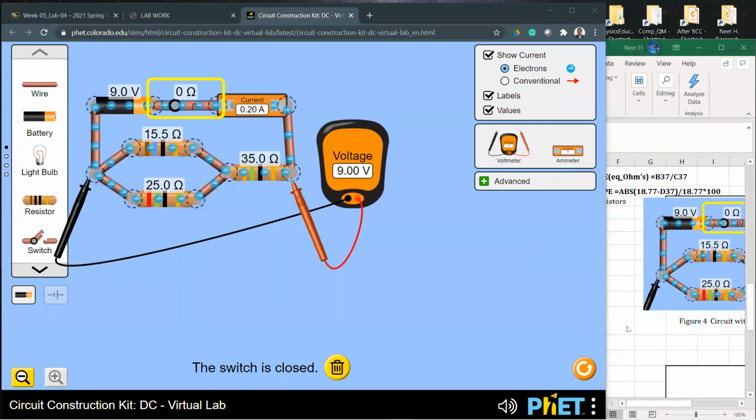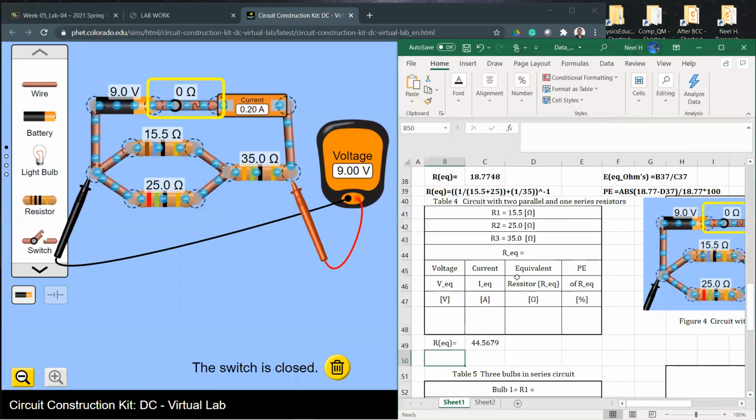Okay, then let's do that calculation. The function is in the chat box if you want to use that. Let me copy paste that down here to R equivalent.